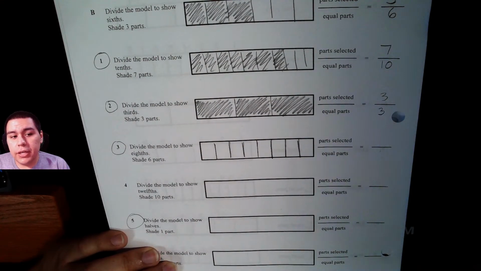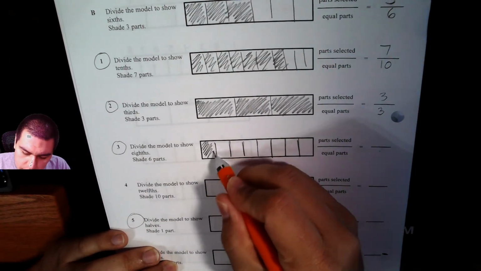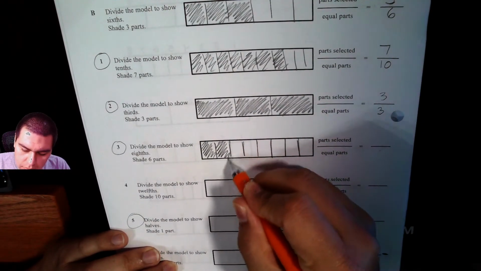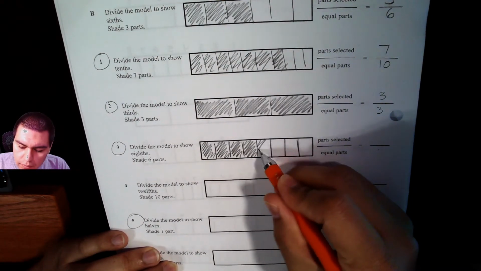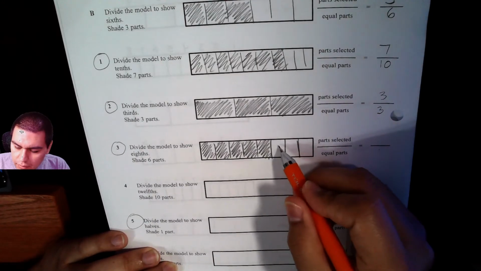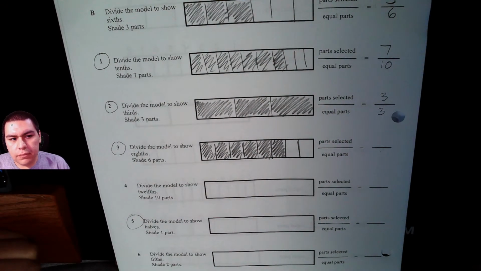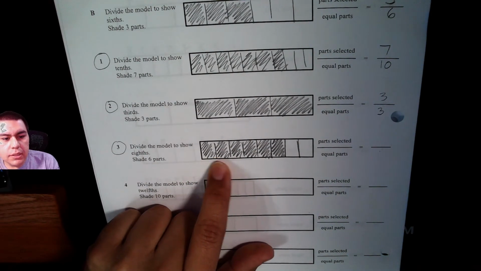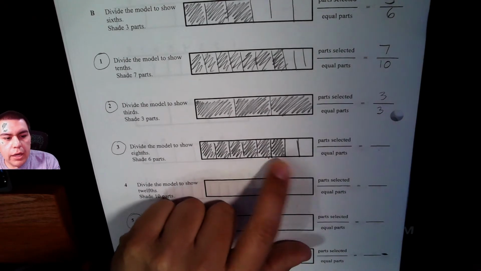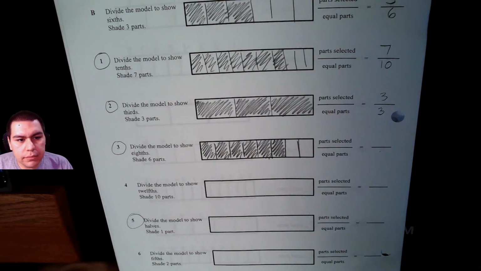And it says to shade 6 parts. 1, 2, 3, 4, 5, 6. Once I finish shading in my parts, 6 of them are shaded. I should have 2 pieces that are blank, that are empty.